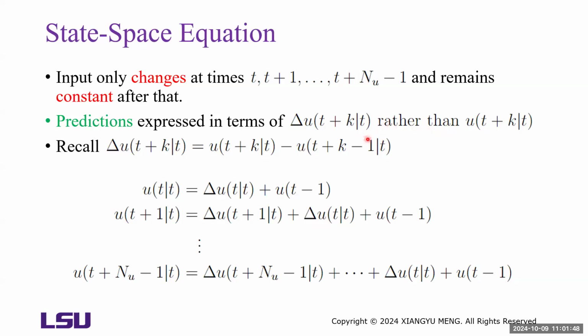Now we have the future control inputs u(t|t), u(t+1|t), up to u(t+nu-1|t), expressed in terms of delta u(t|t), delta u(t+1|t), up to delta u(t+nu-1|t), and u(t-1), which is the last known control input.